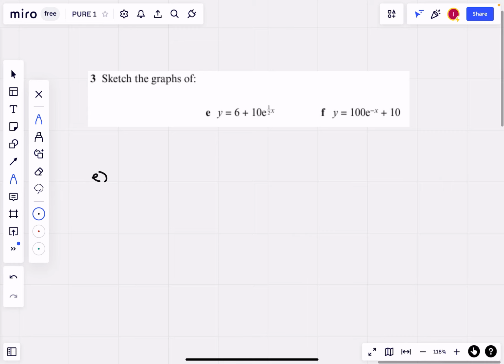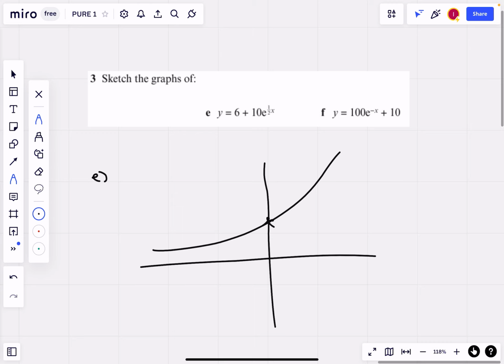6 plus 10e to the half x. What I always like to do is draw the original graph. The original graph is e to the x. We're just doing a bunch of fancy stuff to e to the x. So this is y equals e to the x.